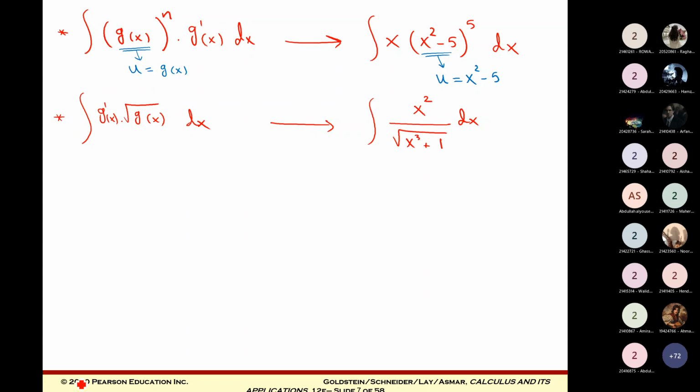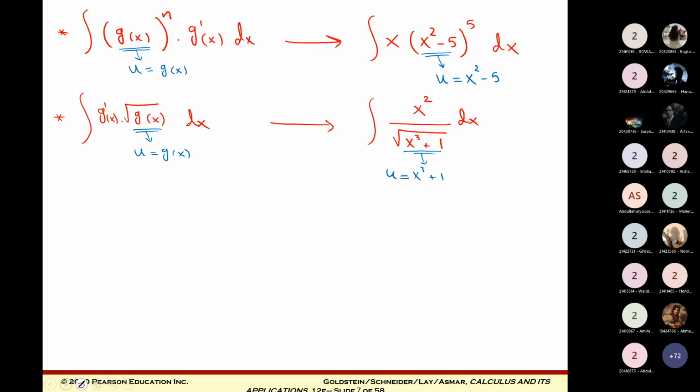Here we can suppose that the inside of the root, x to the power 3 plus 1, equals u. This is the second case.